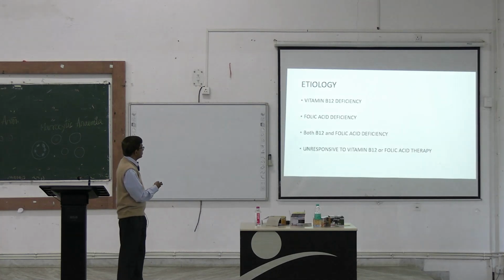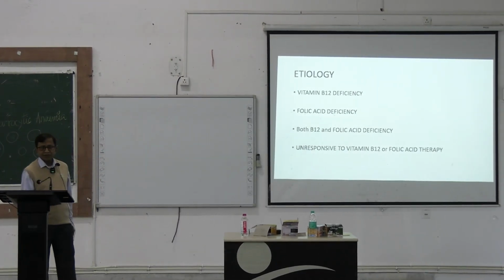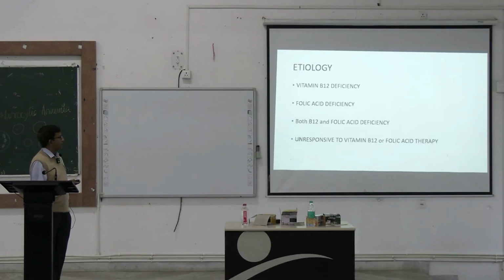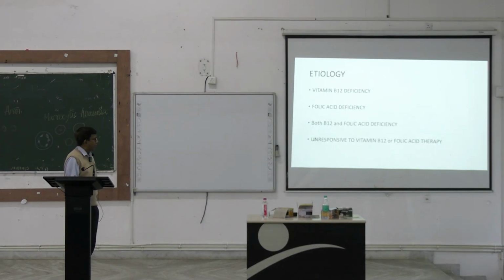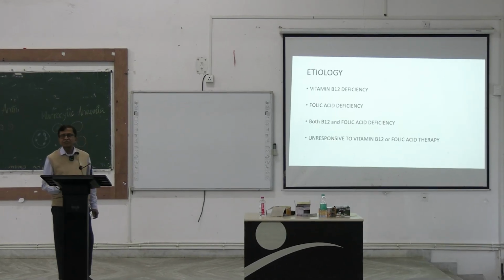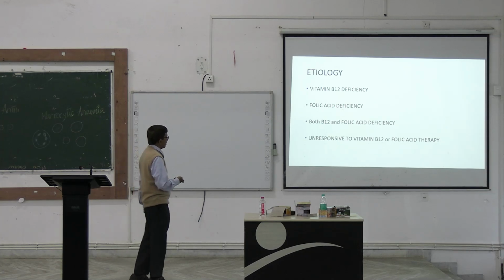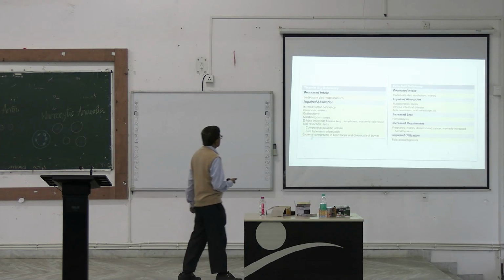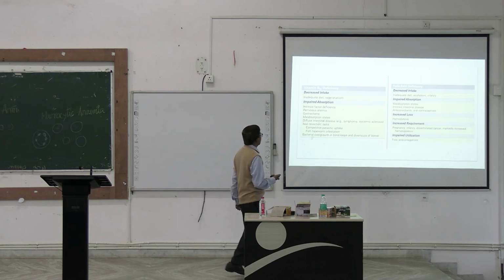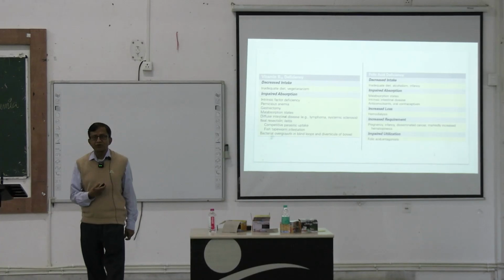Next, it can be simple B12 deficiency, it can be folic acid deficiency, it can be combined, or it can be something else where patients are unresponsive to both B12 and folic acid. These are the long list taken probably from a good textbook.